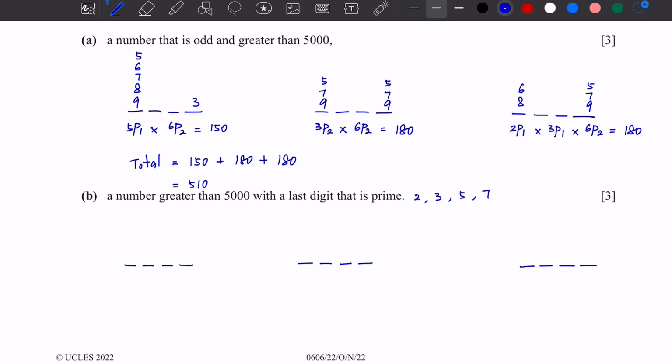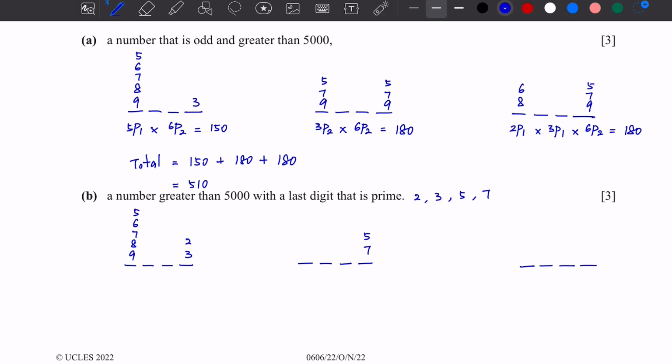First situation, we have 2 or 3 as our last digit. So for the first digit, we can simply choose from 5, 6, 7, 8, or 9. Second situation, we have 5 or 7 as our last digit.